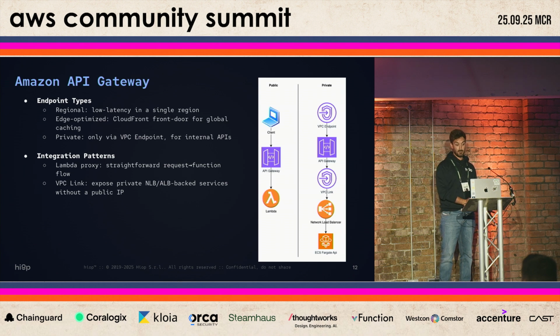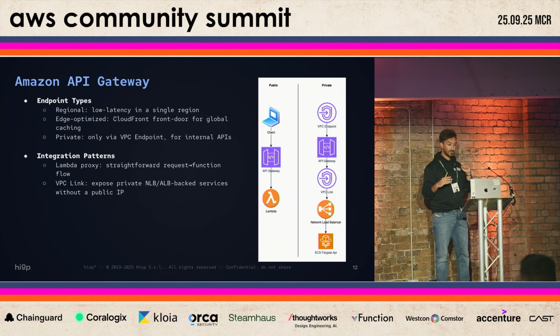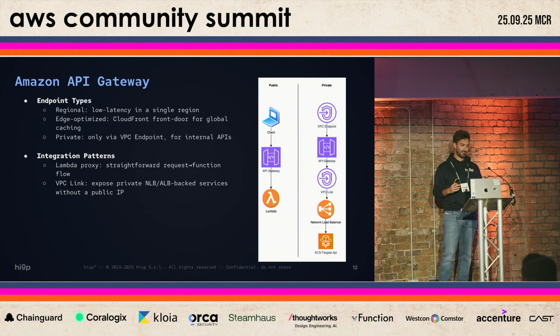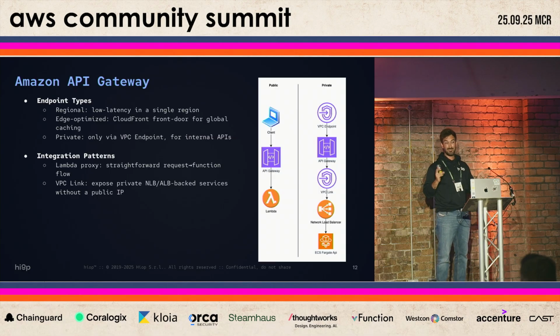The edge-optimized type has CloudFront, which is like a front door for global caching, and depending on the use case, it could improve or reduce performance. It is distributed all around the AWS environment, and not in a specific region. Then there are the private types.